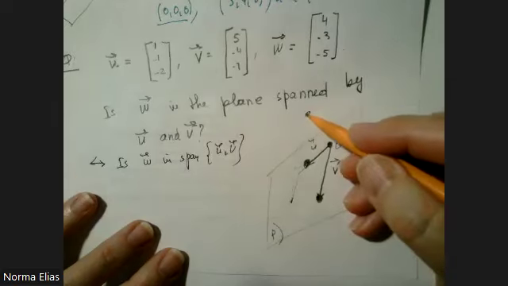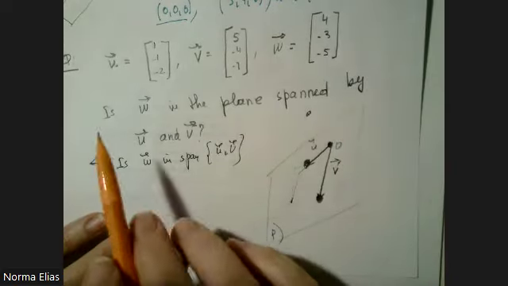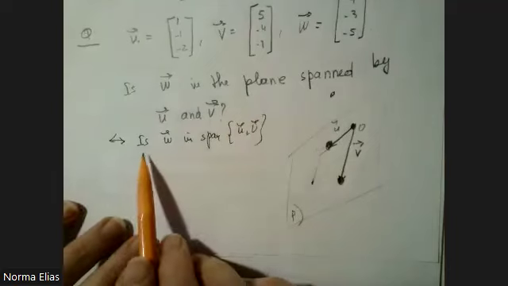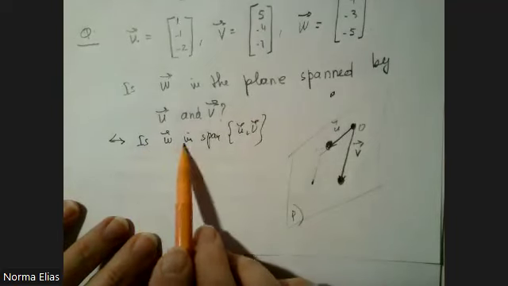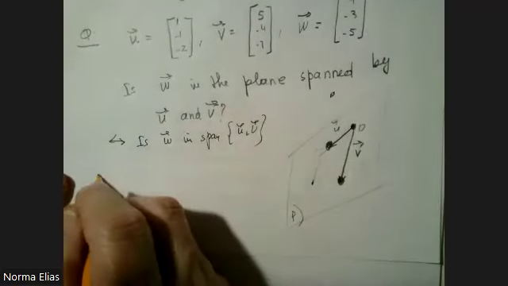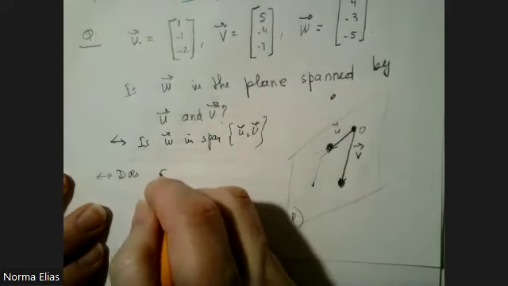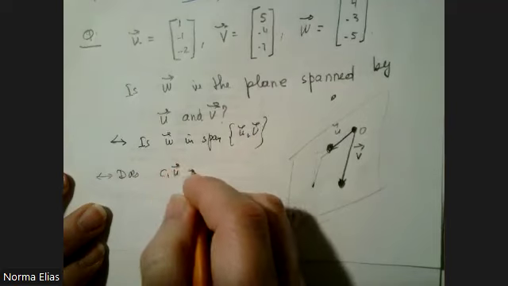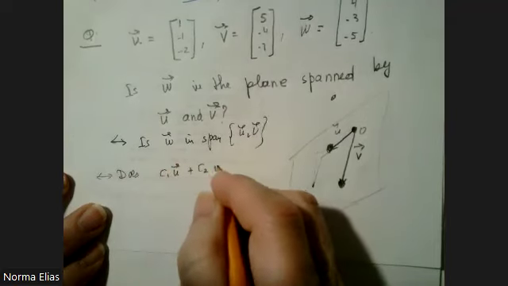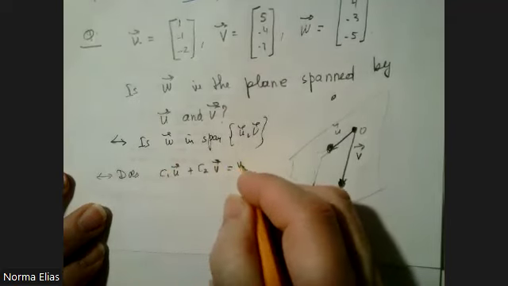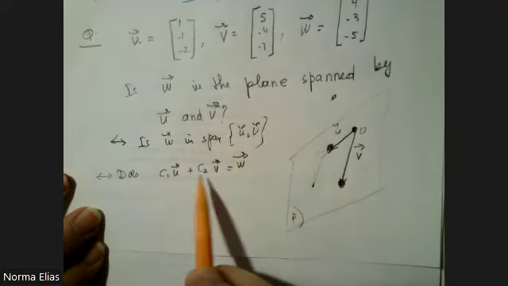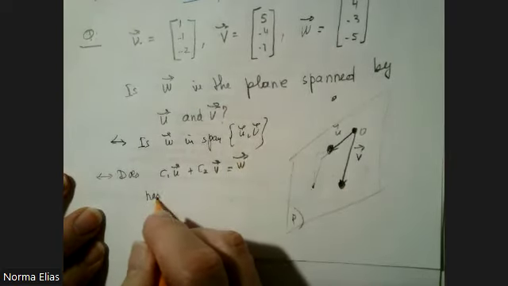Otherwise, W is going to be outside the plane. So is W in the plane is basically equivalent to asking, is W in the span? It means, can I reach W by following the direction of U and V? Does this equation have a solution?